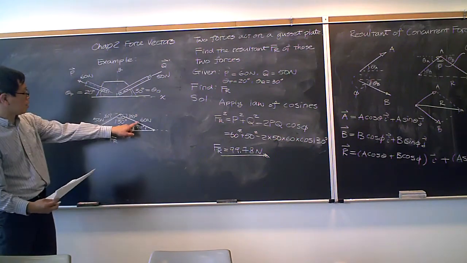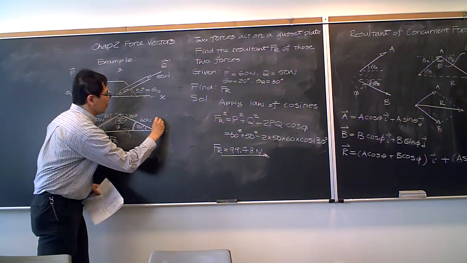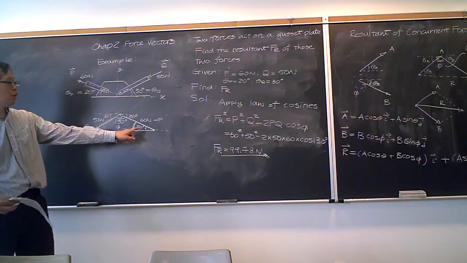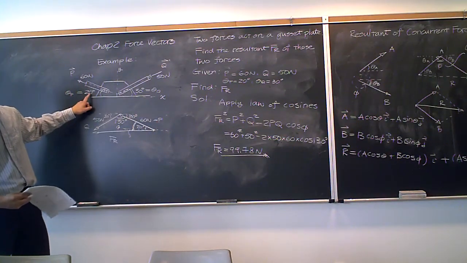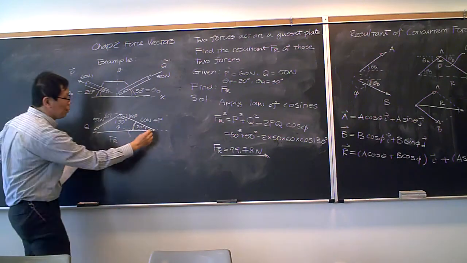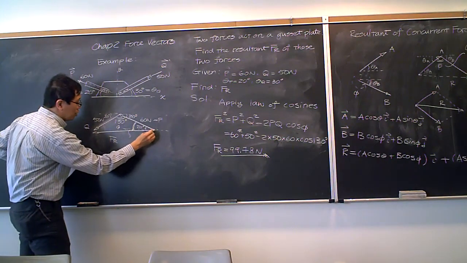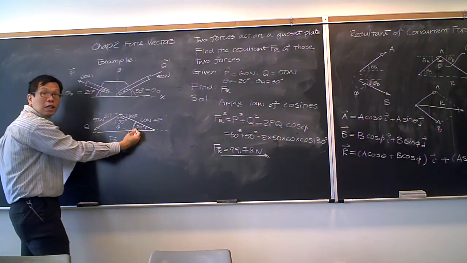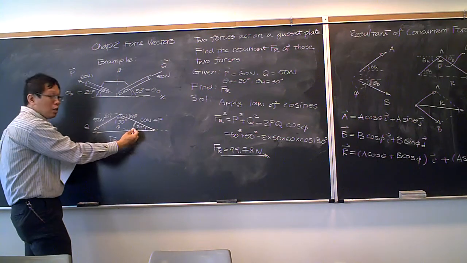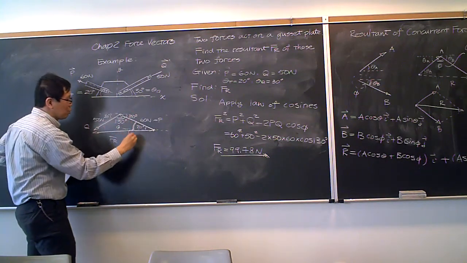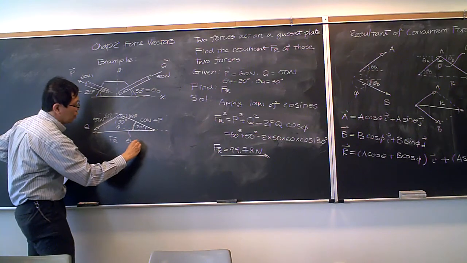And this is P. P has 20 degrees corresponding to the horizontal axis. But at this point, FR is greater than 20 degrees. So if you use law of sines, let's name this one as theta FR.